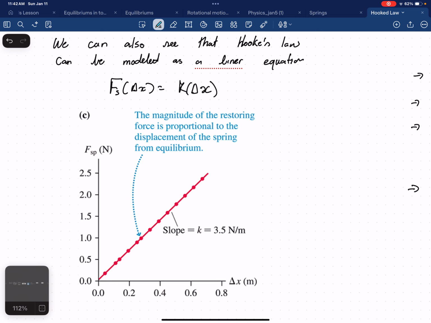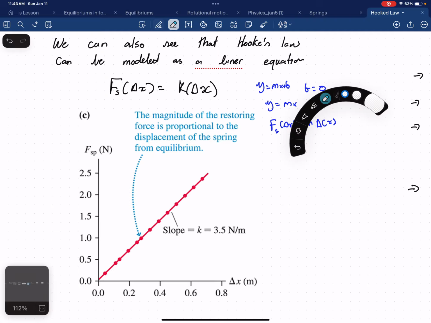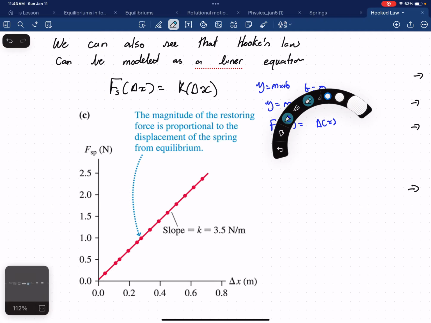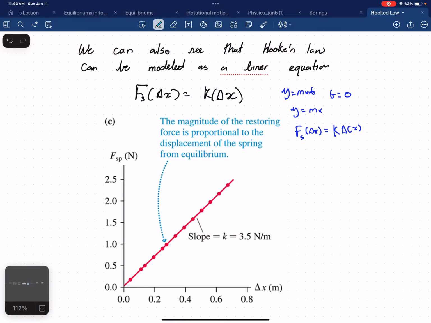This is like saying y equals mx plus b, but b is 0, so we get y equals mx, where y is just the force, x is our delta x, and m is k. It's a linear relationship, which we'll see in a lab this week. I got a lab for you guys this week.